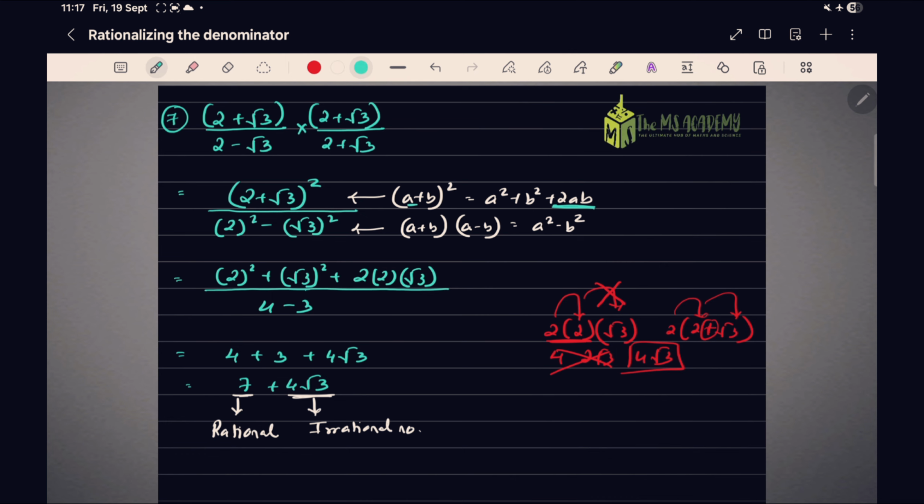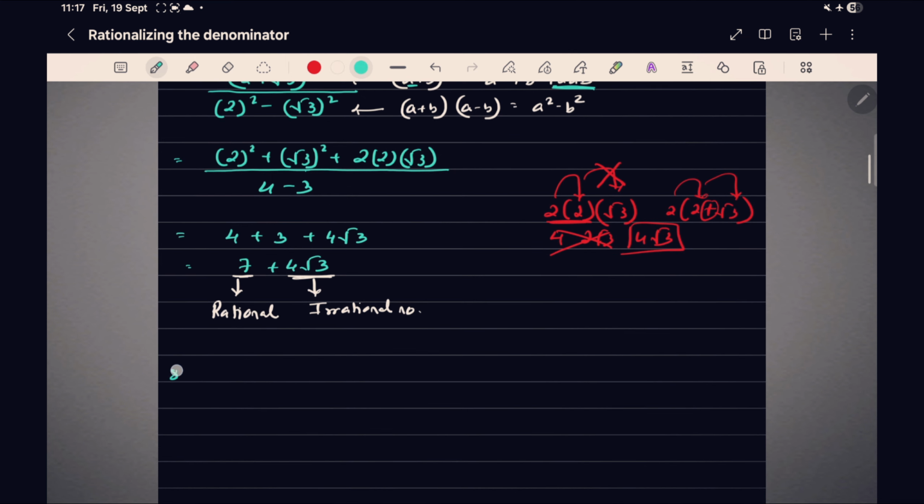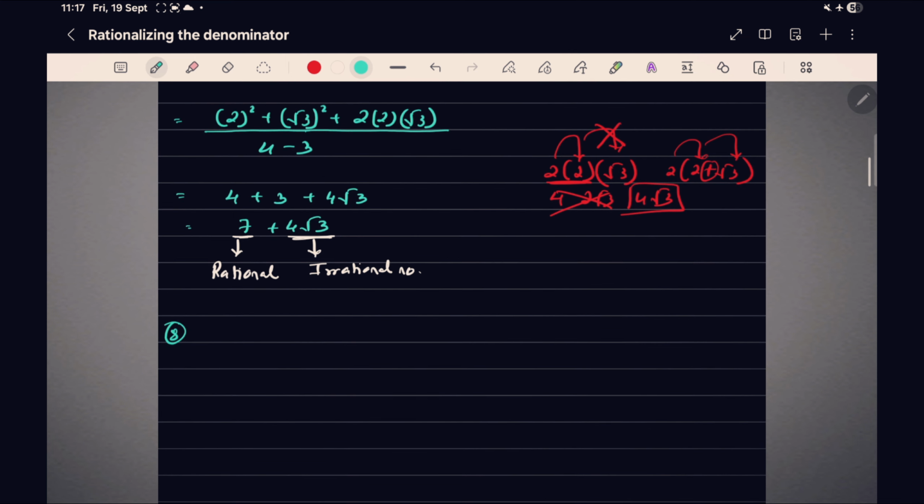Okay, let's try one more sum, which will also be the last sum for today. 8th sum. Let's say for this, this time I have root 5 minus root 3 upon 2 plus root 3. We have increased the complexity.